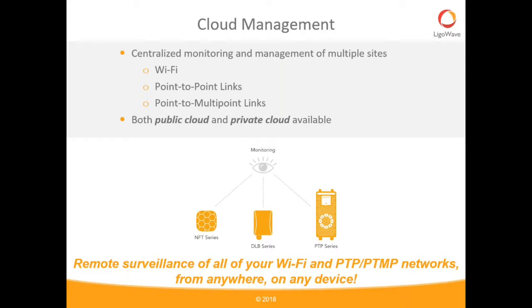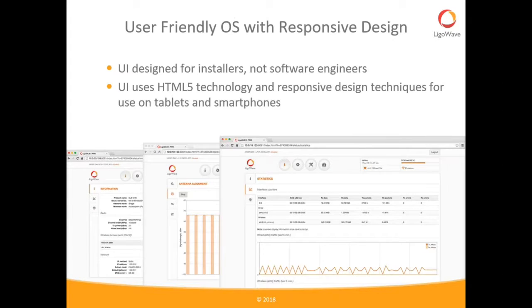Now, the nice thing about having cloud management of the point-to-point and point-to-multipoint links is that you can actually surveil your surveillance networks, and you can keep an eye on all of your Wi-Fi and all of your point-to-point and point-to-multipoint networks from anywhere on any device. And another nice thing that you'll see about our cloud controller as well as the user interface on each of our products is that we have invested a lot of time in trying to make our interfaces as easy and intuitive as possible.